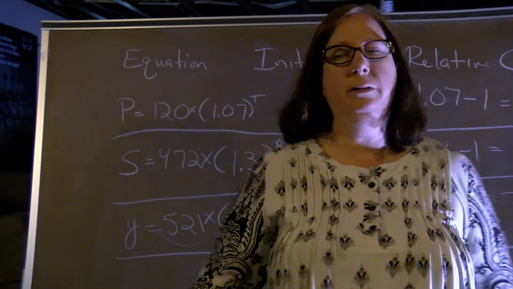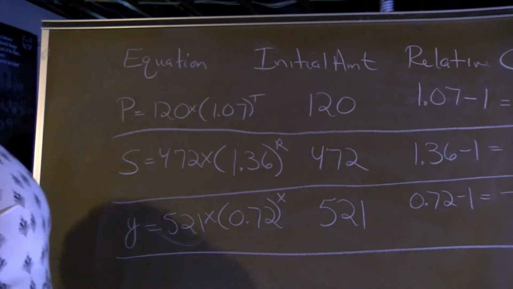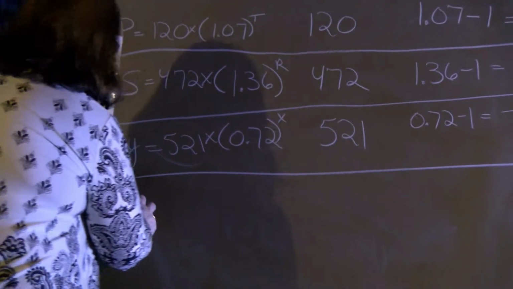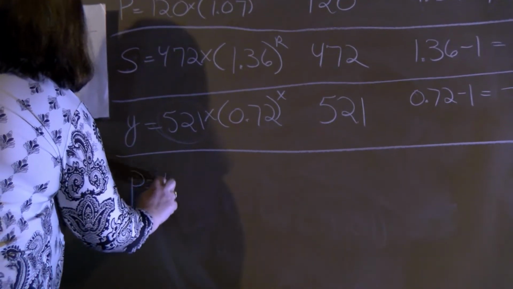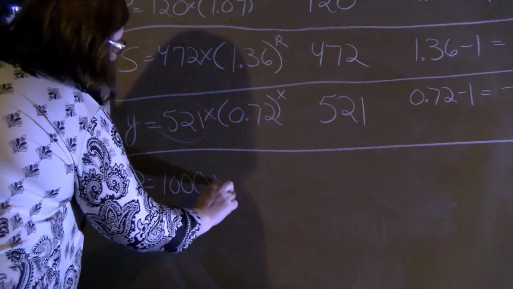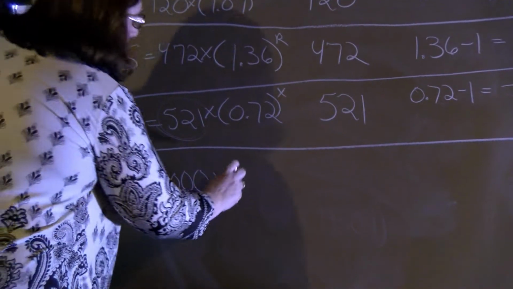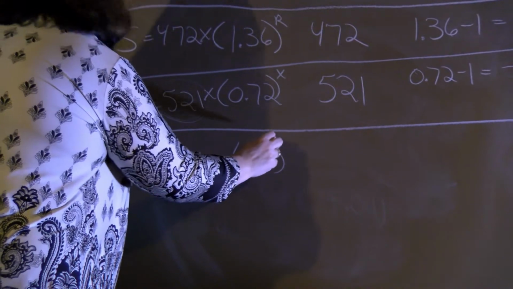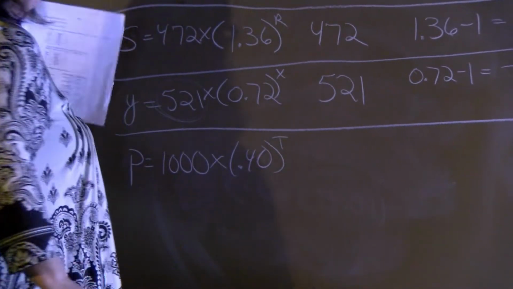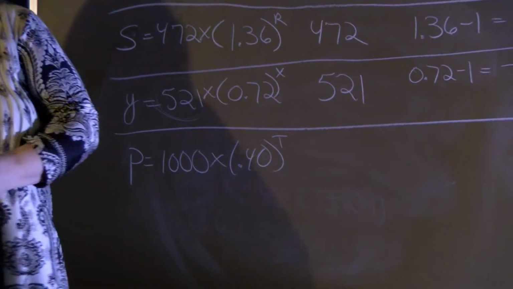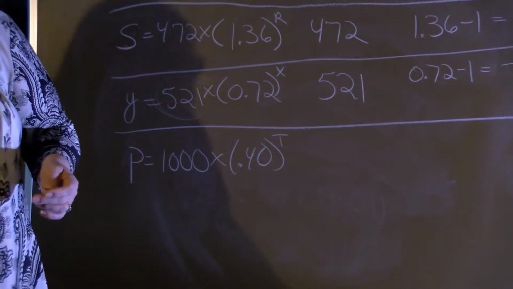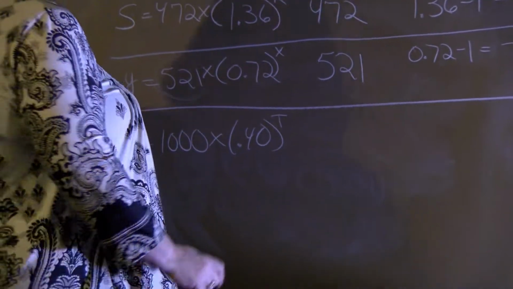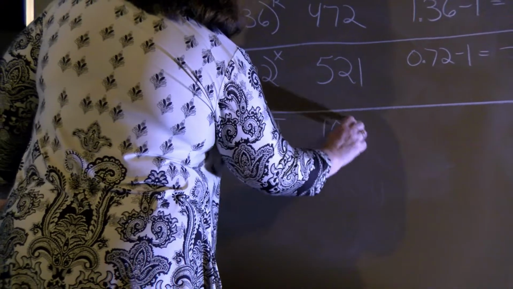Try one more. So P equals 1,000 times 0.40 to the T. So we want to write the initial amount and the relative change. And remember, when you're writing relative change, you have to put that increase or decrease with it, or you will get it marked wrong.